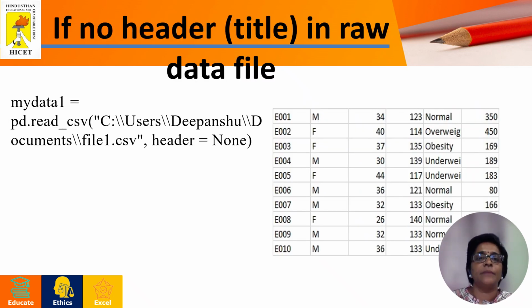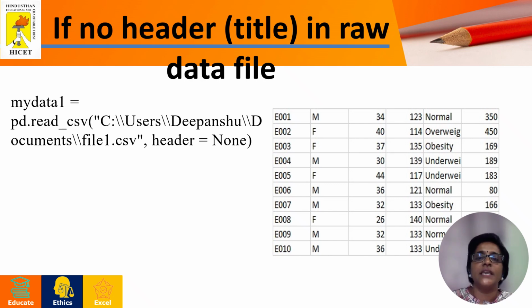Let's take an example where the header information is not available in the dataset. So the same example is provided here without the header information. If header information is not available, and if we fail to specify the option header equal to None, then the default Pandas data frame is going to assume the first row of the dataset as your header.